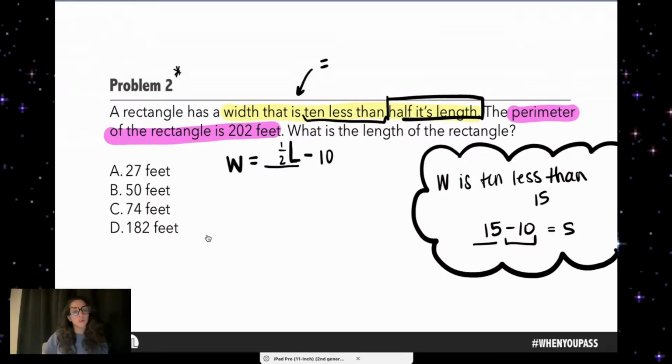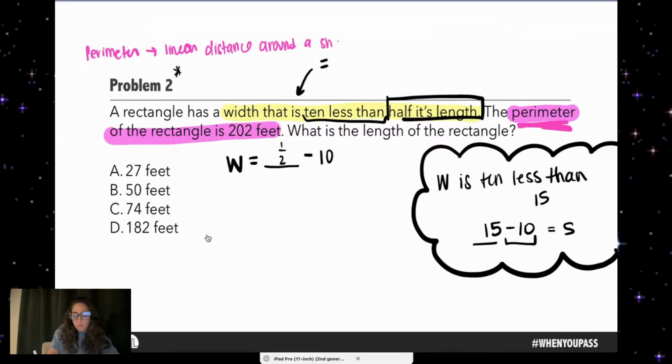The perimeter is 202. What do we know about perimeter? Perimeter is the linear distance around a shape.